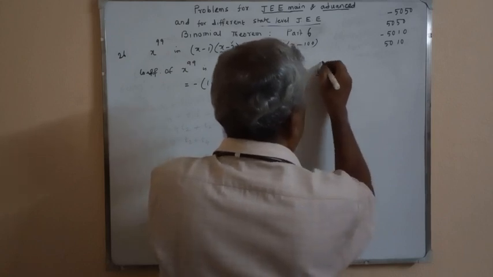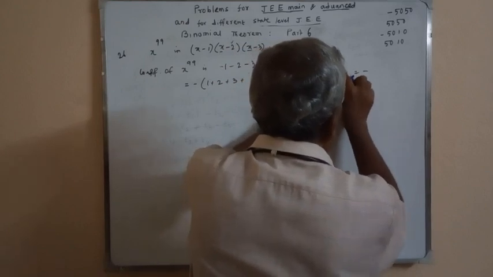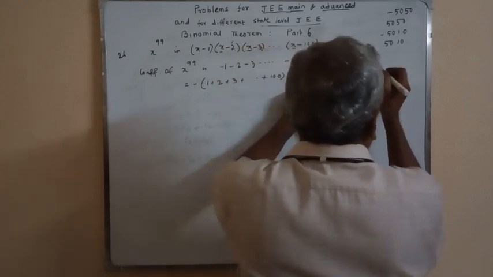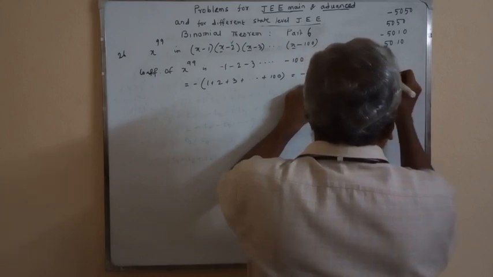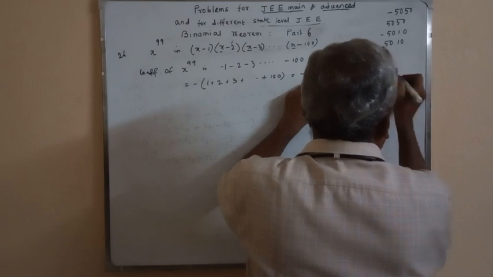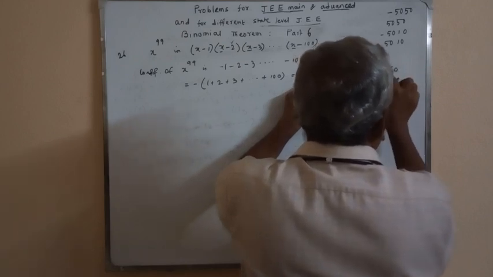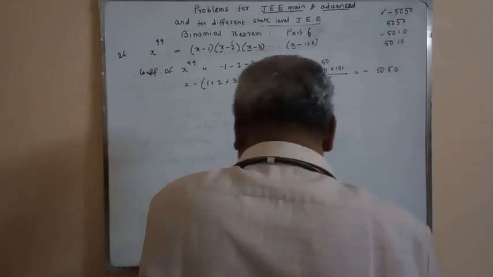Here it is 50 into 101, so it is 5050 with negative sign. So the first option is correct.